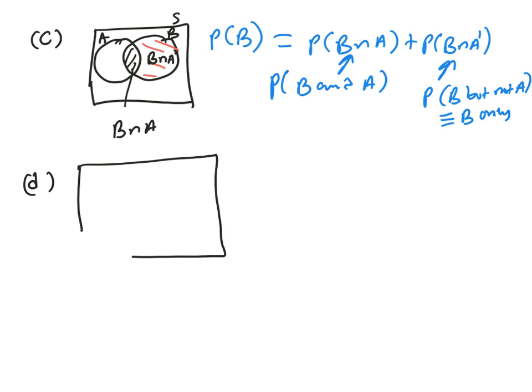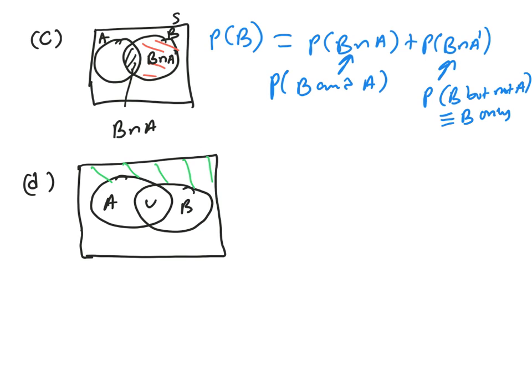The other useful result that we shall employ in our discussion of probability is this other result I'm going to talk about. This is A union B, okay? But now we are interested in the outside of the union. We want to see what happens outside here.